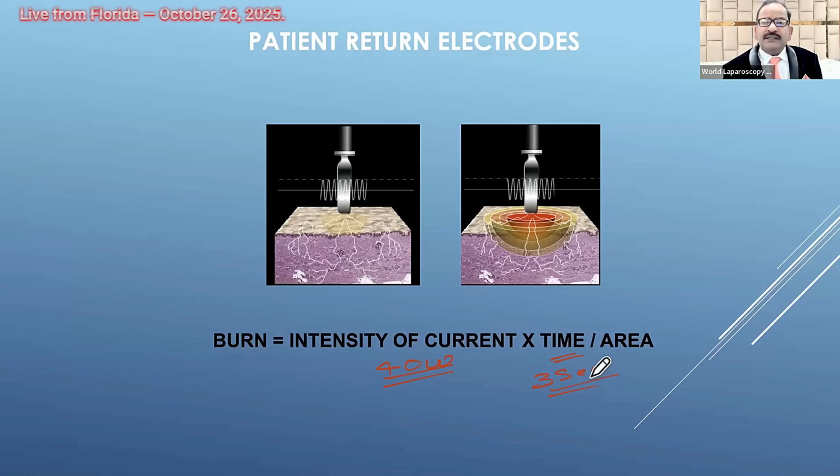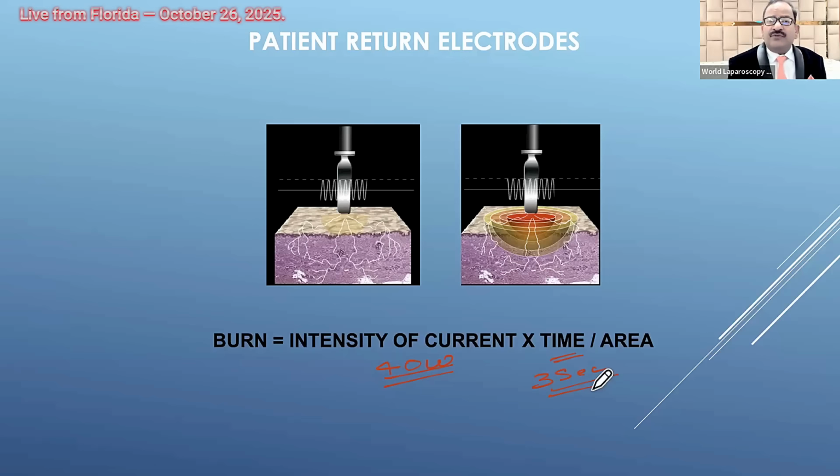So how to optimize it? You should take care that your time of application in one go should not be more than 3 seconds. Suppose you hold a uterine artery or cystic artery or any artery and activate in one go, maximum 3 seconds, and then stop. Once you stop, the temperature drops down to less than 100 degrees centigrade, and again you can reactivate.